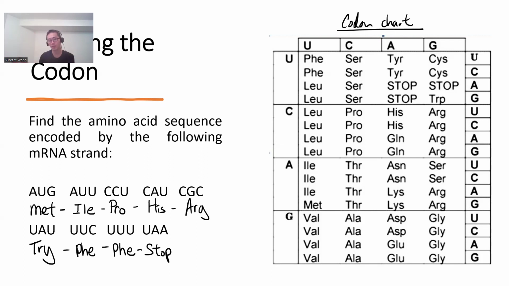Like my English is not the best, so I don't know what you call those things, okay? But if you have a name later on, you might have a capital letter in the middle of a sentence. So same thing here. Even though we begin with MET, it doesn't necessarily mean you cannot have another MET later on within the protein. Okay, so don't be surprised if you see something like that.